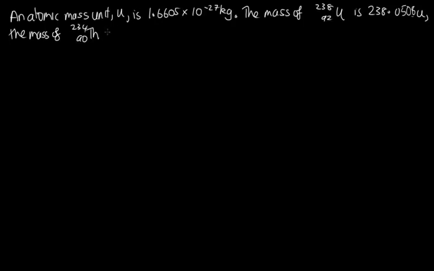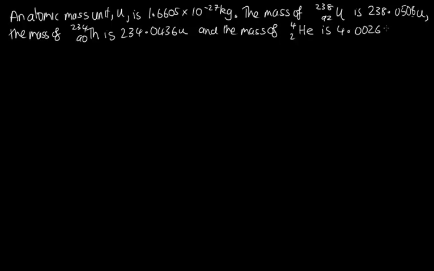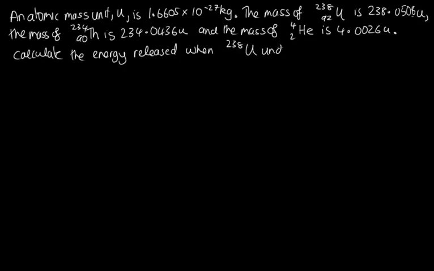The mass of thorium-234 is 234.0436 atomic mass units, and the mass of helium-4 is 4.0026 atomic mass units. Calculate the energy released when uranium-238 undergoes alpha decay to become thorium-234.